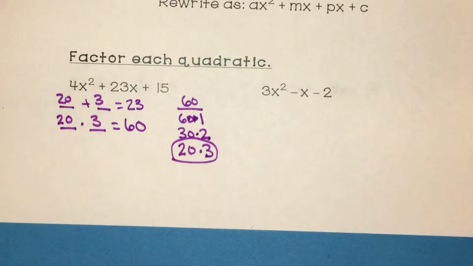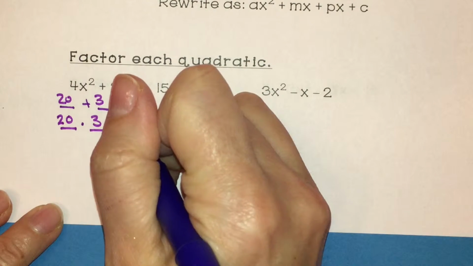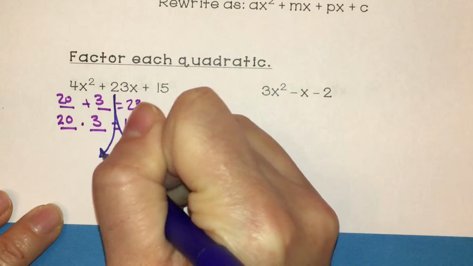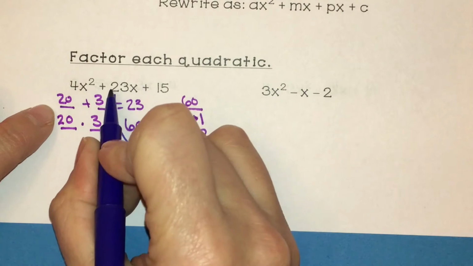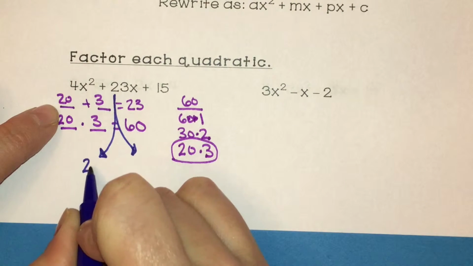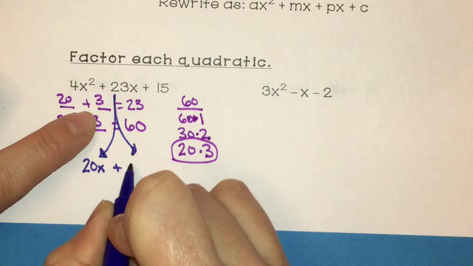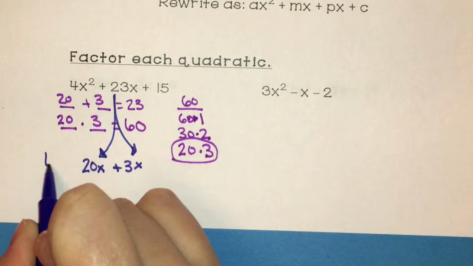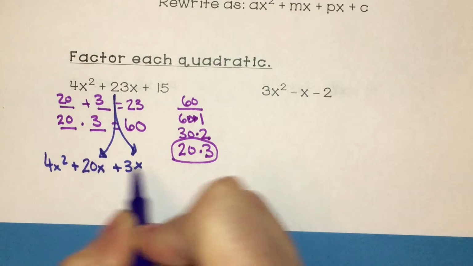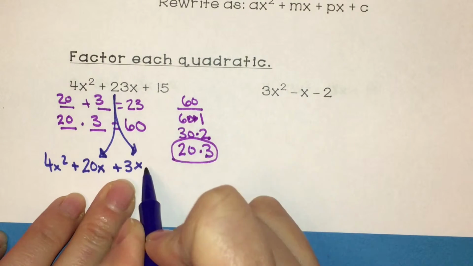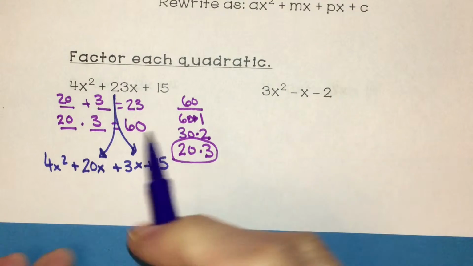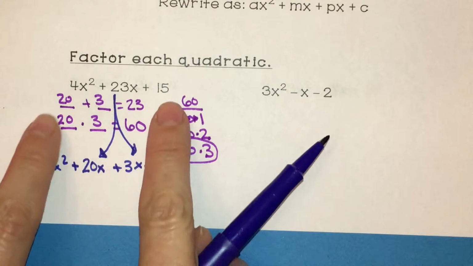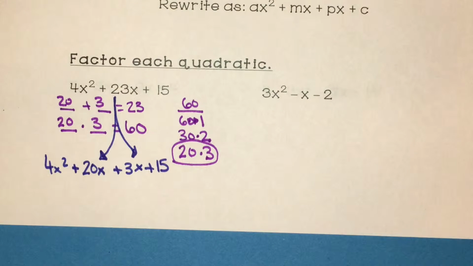So we're going to use that to split this middle term into two terms. 23x is split up into 20x plus 3x. I bring down the 4x squared plus 20x plus 3x, and bring down the plus 15. So you're just splitting that middle term apart into two. The rest of the problem comes down exactly the same.